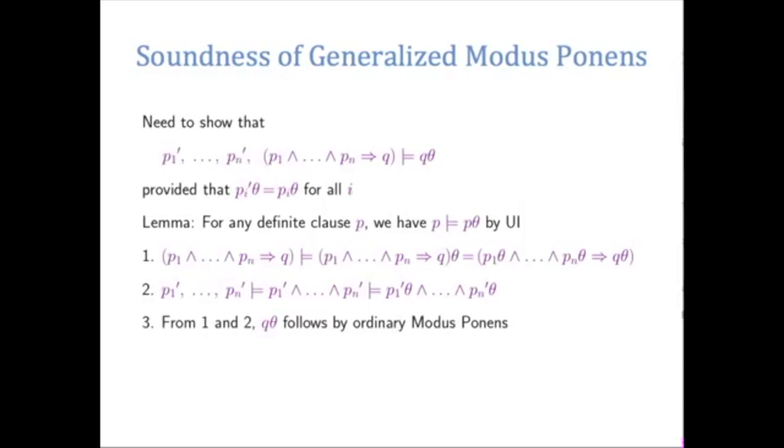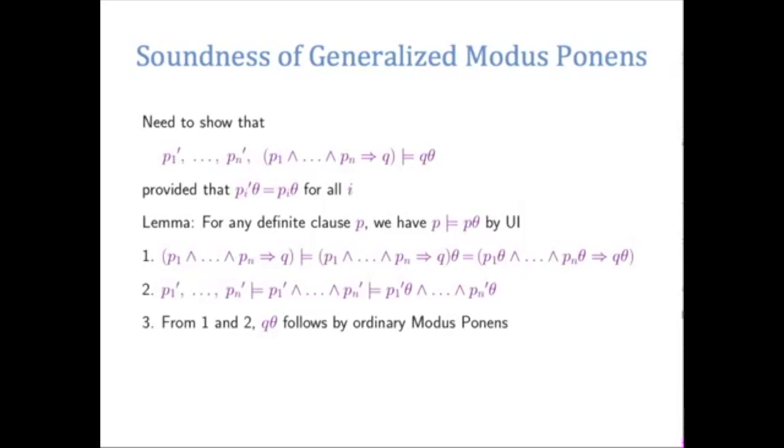So we start with the lemma that for any definite clause P, we have P entails P with substitution theta, and that's easy because we just use universal instantiation. Okay, now we know also here at number 1 that if we have the uninstantiated implication P1 and P2 through Pn all imply Q, that entails P1 and P2 through Pn implies Q with substitution theta, which we know by universal instantiation.